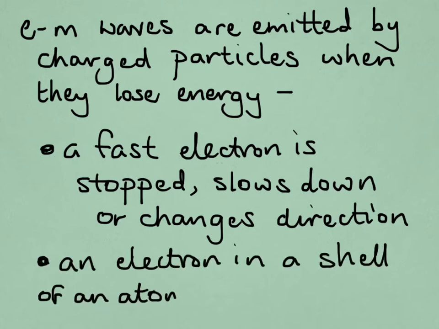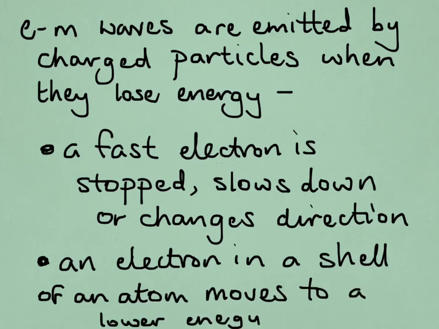Or if the electron's in an atom, it could move from a shell, which you're probably familiar with from chemistry, down to a lower energy shell, and in doing that jump it emits some energy. So the energy we're talking about is associated with the electrons.